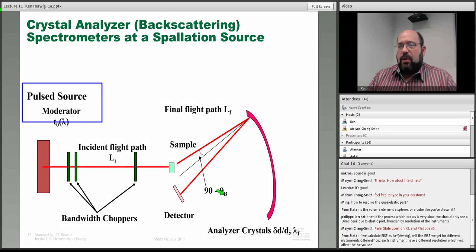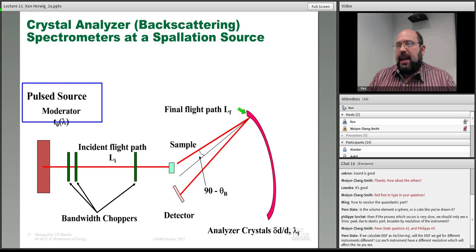We typically try to keep the Bragg angle close to 90 degrees. That minimizes the contribution to the resolution function of the instrument. So we'll either be in exact backscattering, which is typically how reactor-based instruments work, or close to backscattering, which is the geometry that's often preferred at pulsed spallation sources.